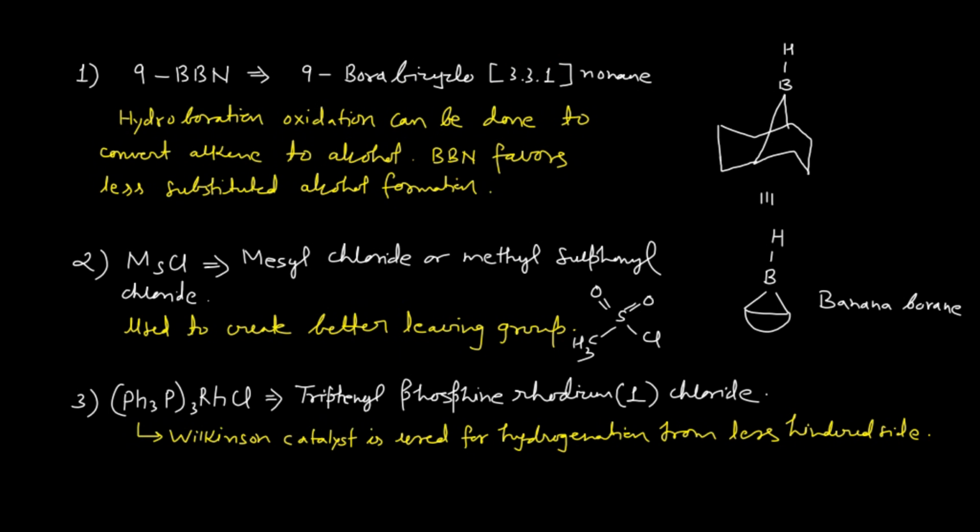If you don't know how to name bicyclo compounds, then you can go through the link given in the description box where I have explained the detailed nomenclature of various bicyclo compounds, right? But right now you can understand this is a bicyclo compound, and the structure is this one. This is the borane, and this borane has a hydrogen attached to it, and this ring is also present here.